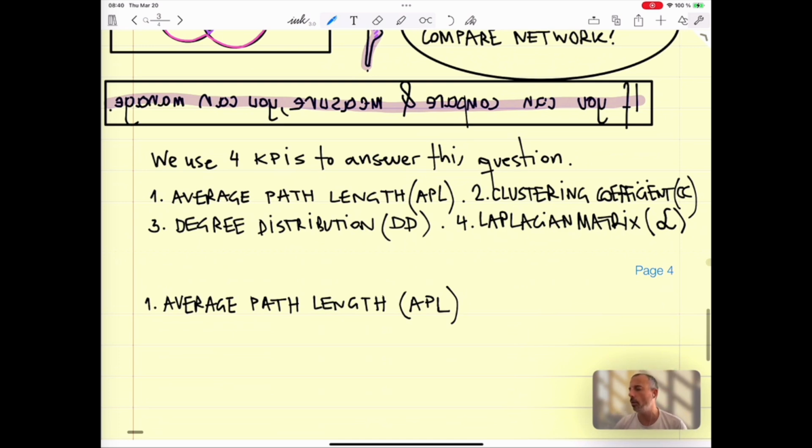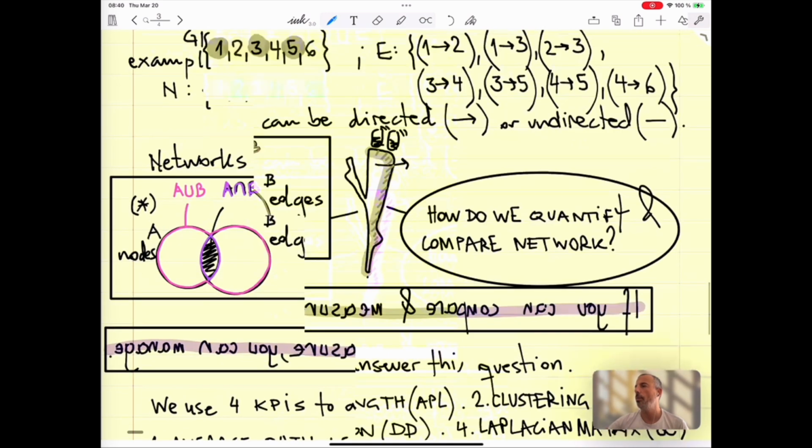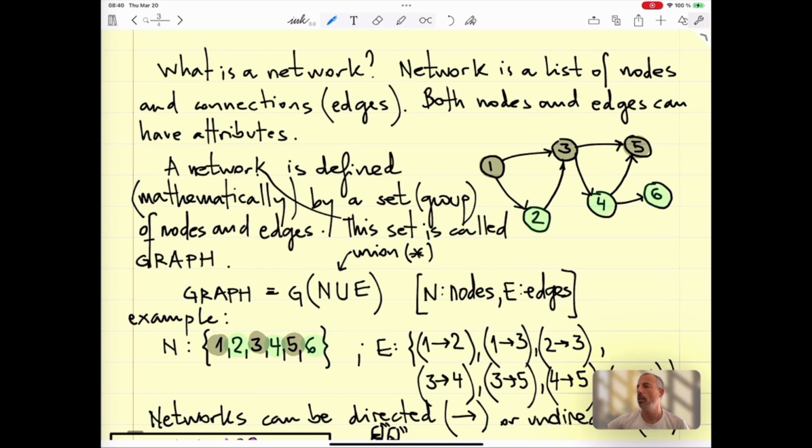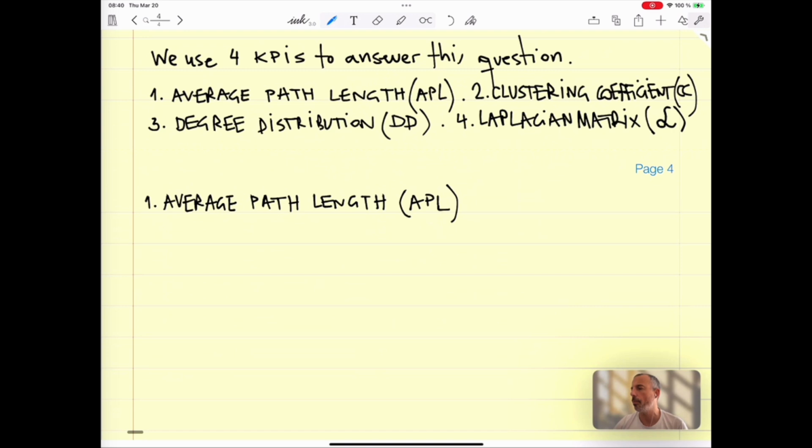So remember this little graph we had. I'll copy it here. Not so pretty maybe, but one, 2, 3, 4, 5, and 6.